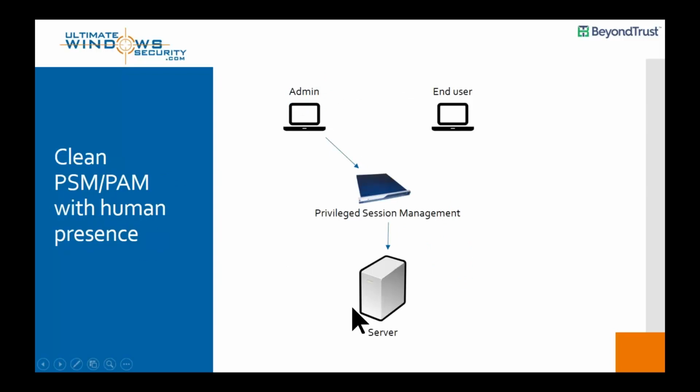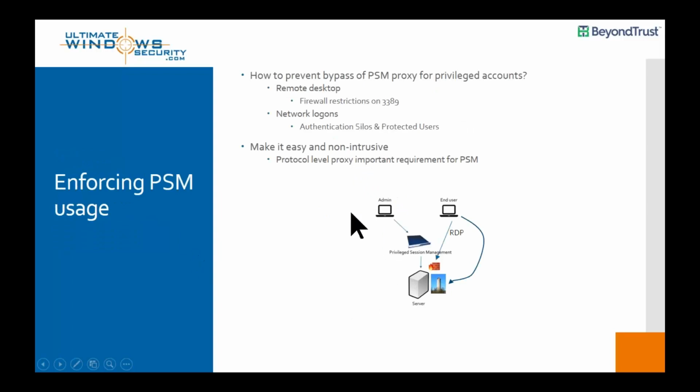Before I drill down more into this and the human presence aspect, let's just address a couple other things that come up, and that is, how do we prevent somebody from bypassing our privileged session management appliance for privileged accounts? So there's a couple ways to do this. For instance, with Windows, it's very easy to prevent any computer.